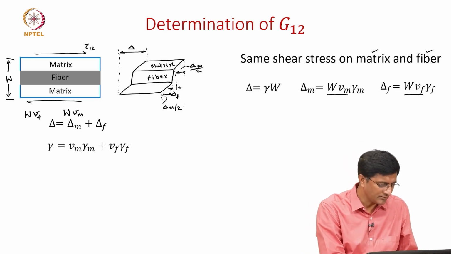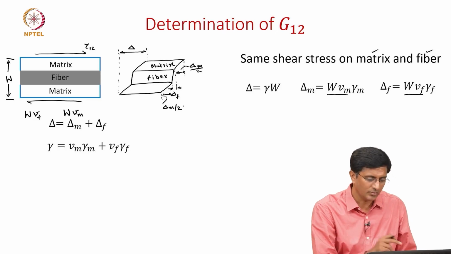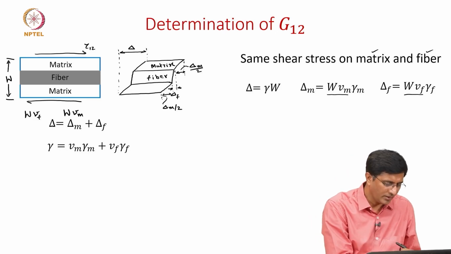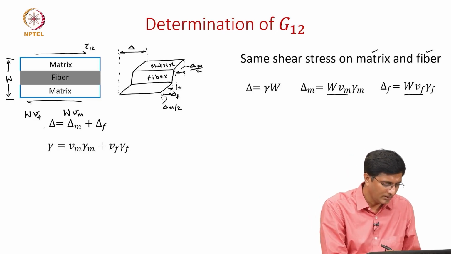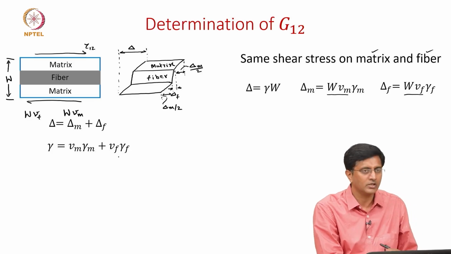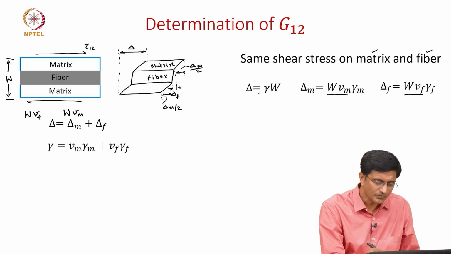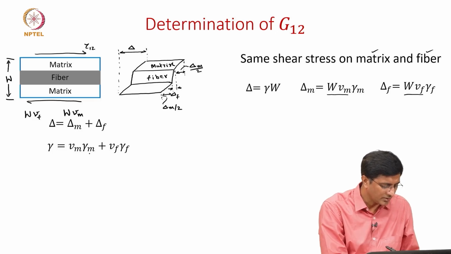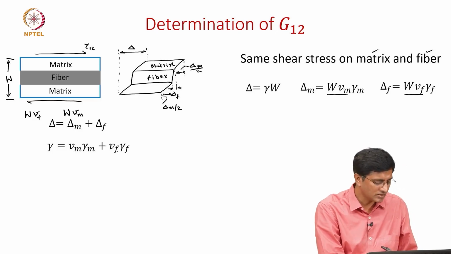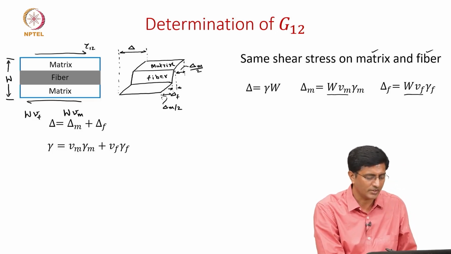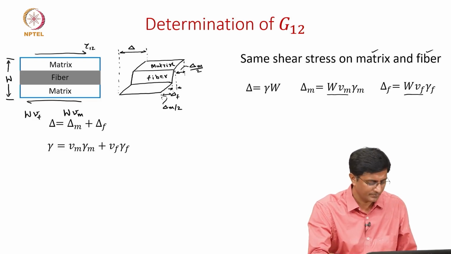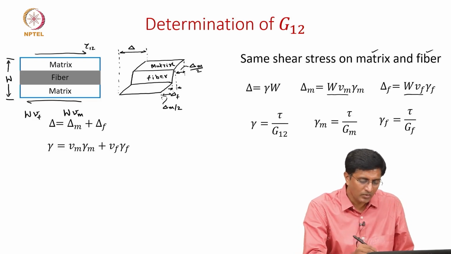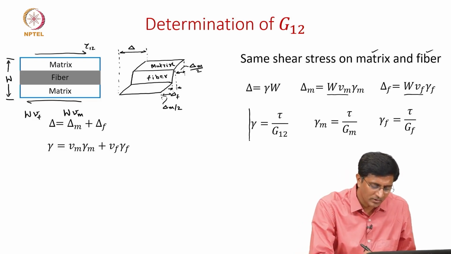Now we write it in terms of the shear strain gamma. We multiplied both sides by W, and then W is taken into the denominator. So the total shear strain is simply written in terms of the individual shear strains times the volume fractions.